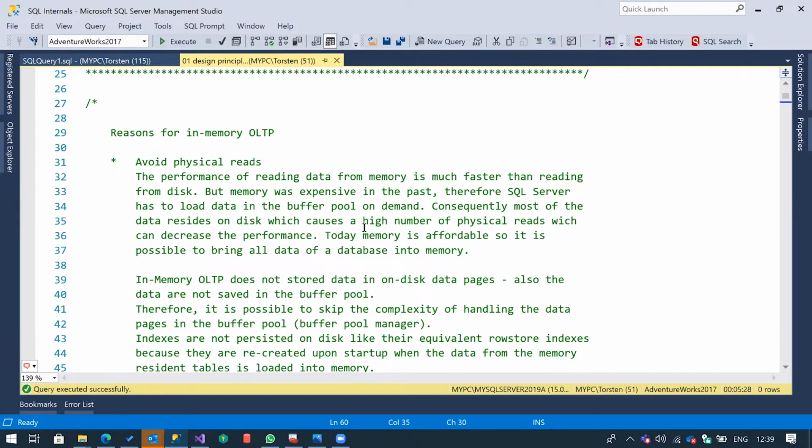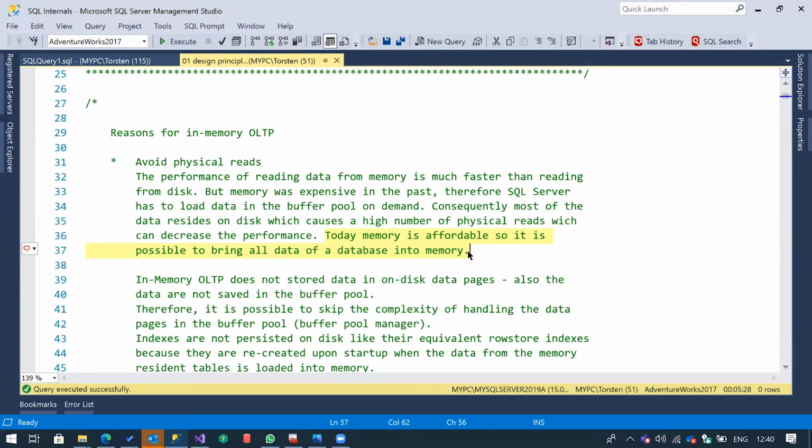Okay, so the reason for the architecture of the so-called buffer pool, which I already mentioned for the traditional engine, is because memory was expensive. Ten years back, memory was horribly expensive. Memory has become affordable in these times. That means memory is not a resource problem anymore from a cost perspective.